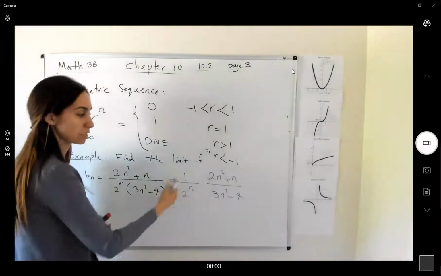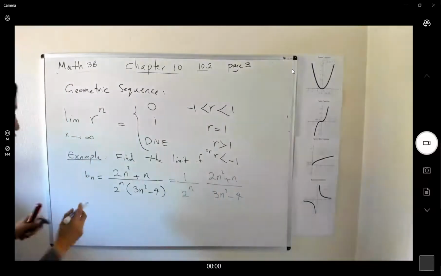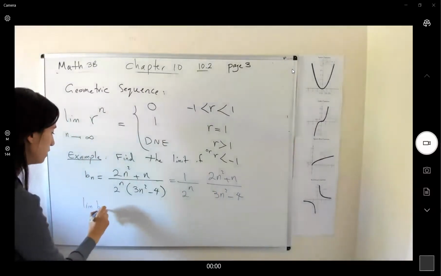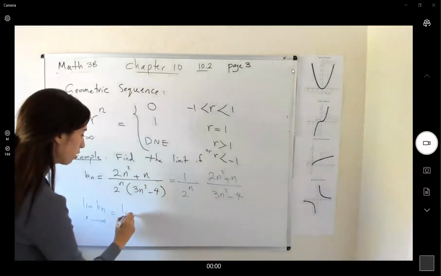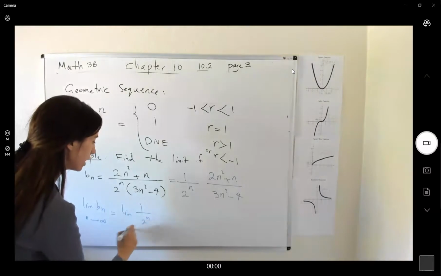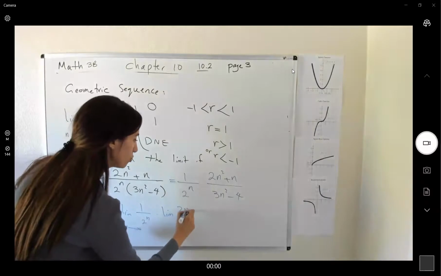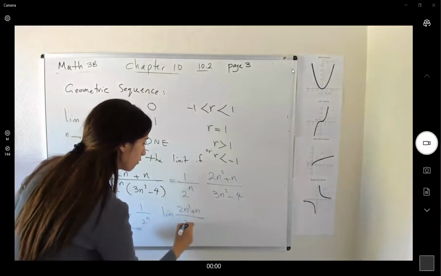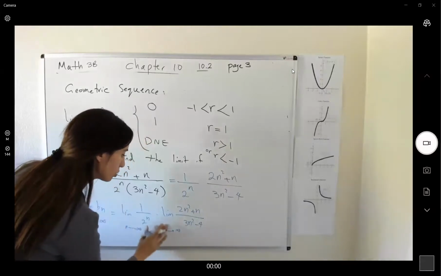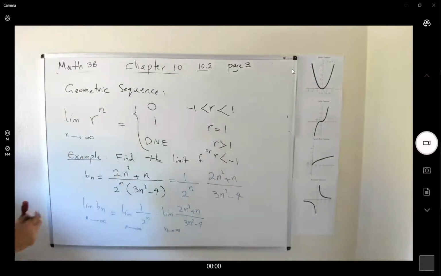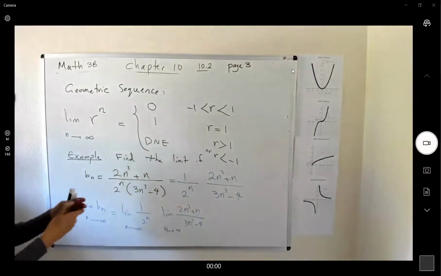So we can take the limit of the first function and multiply by the limit of the second function. So the limit of Bn while n goes to infinity is the limit of 1 over 2 to the n while n goes to infinity, times the limit of 2n squared plus n divided by 3n squared minus 4 while n goes to infinity. The first limit is equal to 0. Why is that?